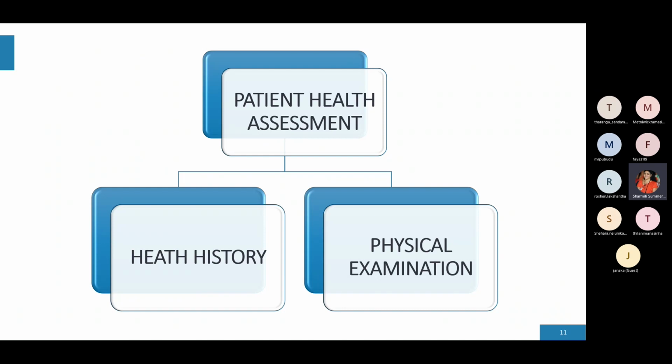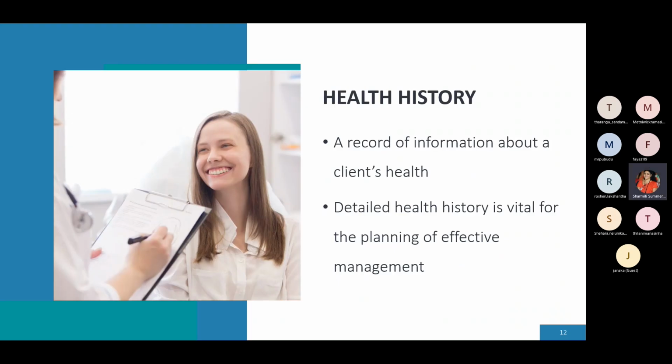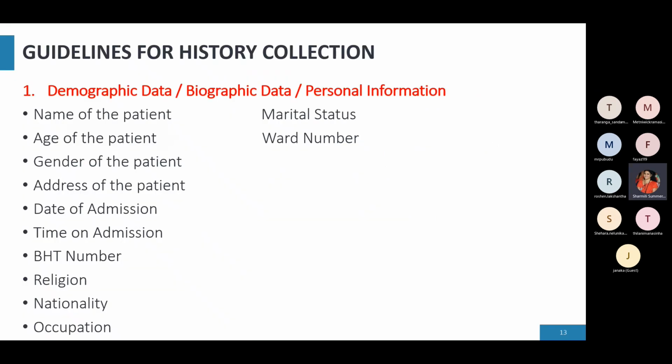The patient's replies will be the answers for each component. We'll see what components we use to get subjective data. Health history is a record of information about the patient's health, and a detailed health history is important for planning and effective management. These are the guidelines, or the format, of history collection.